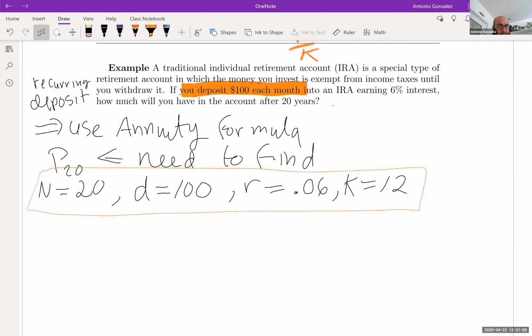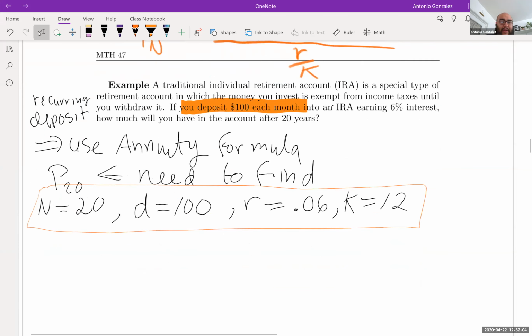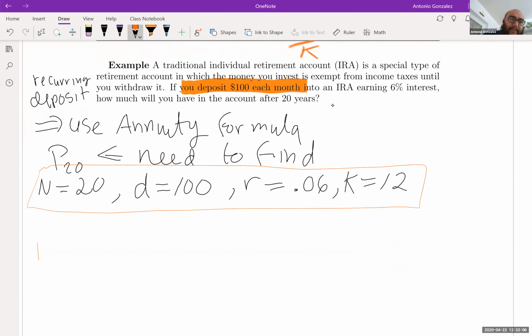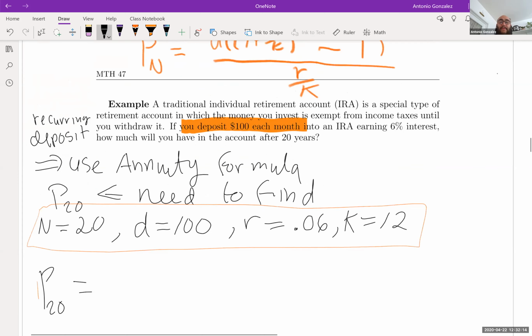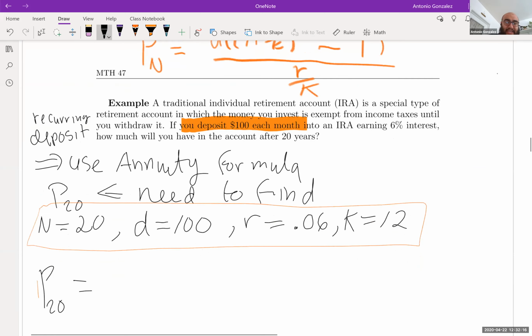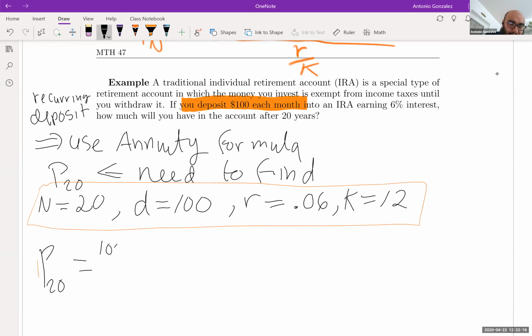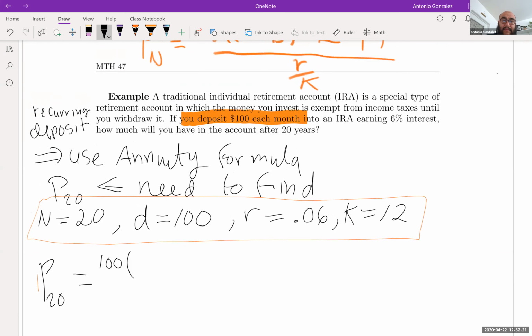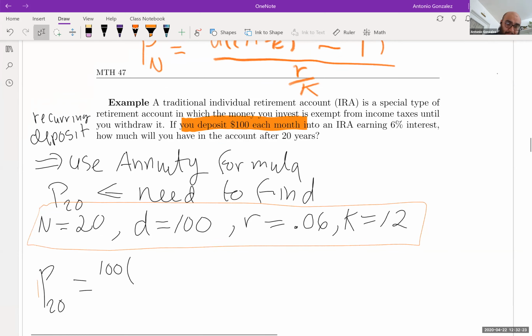Okay, so now let's go back up here to our formula. P of 20, and then here, D is 100. Then we have 1 plus the interest rate.